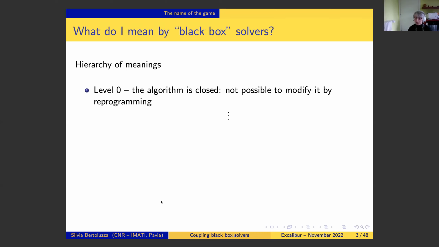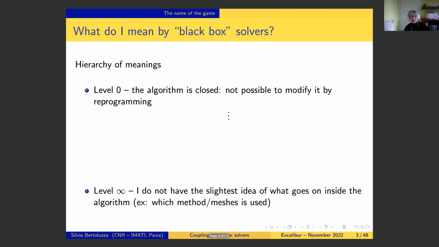I cannot go inside the code and program or tweak it in a way that makes it better for my coupling method. Then there is the infinity level. That is, I simply have something where I put in some input and it gives me my output, and I do not have the slightest idea of what algorithm is used and what goes on inside the method.